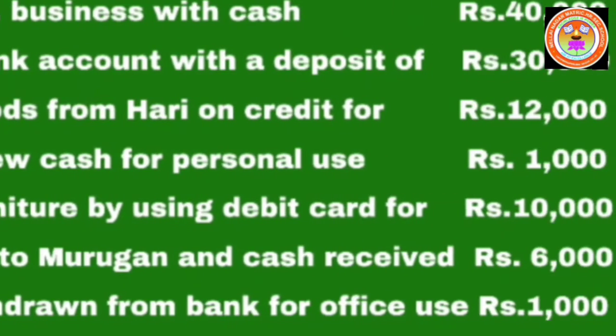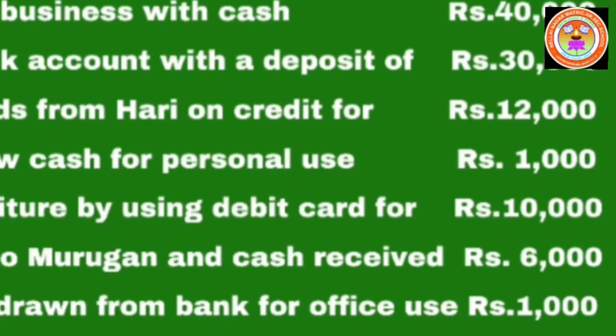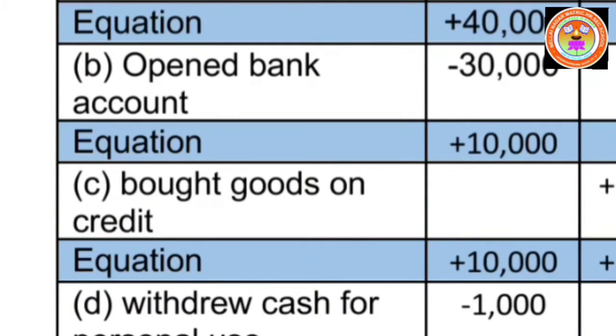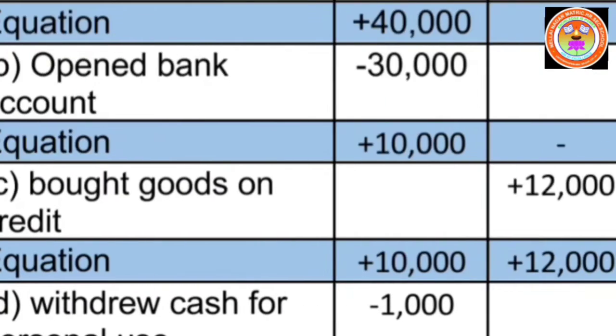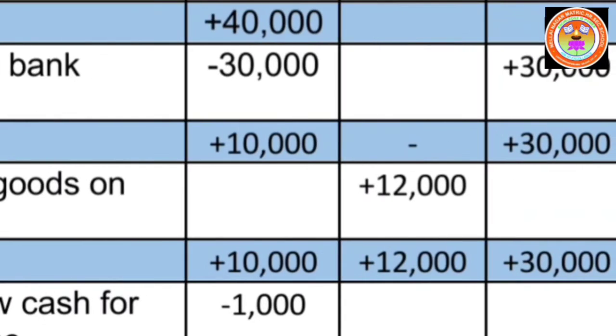Bought goods from Hari on credit for rupees 12,000. This is a credit transaction. Write the transaction: bought goods on credit. When we buy goods, one of our assets, that is stock, rises. So under the stock column write plus 12,000.